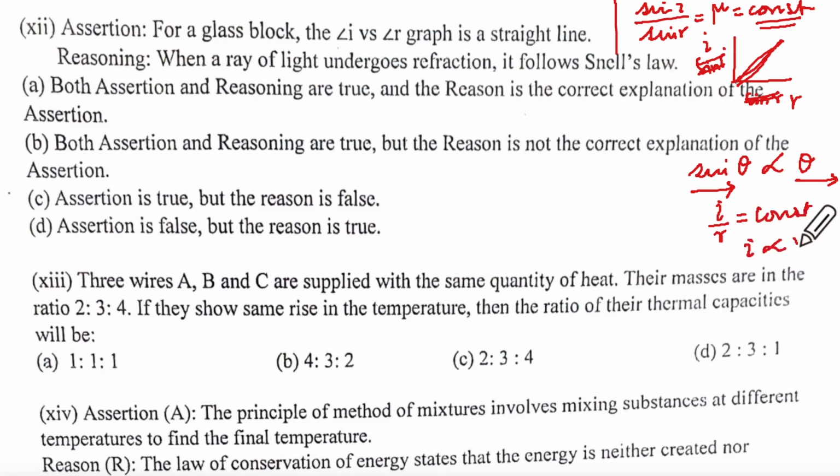I proportional to R. So this is true. We have this type of thinking which is necessary for you to understand. When the ray of light undergoes refraction, it follows Snell's law. Now Snell's law we made use of, correct or no? Because of this we came to this conclusion. So the reason is correct and it is the correct explanation. Option A.